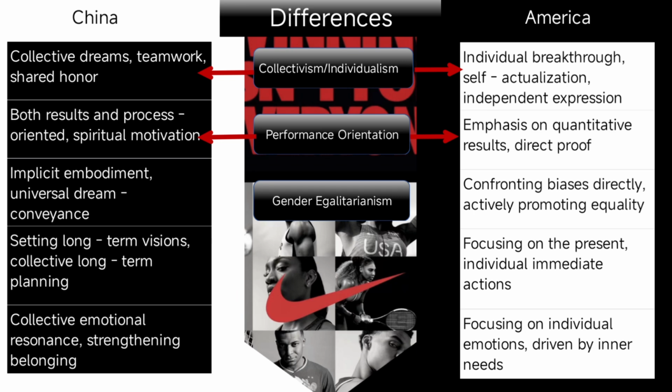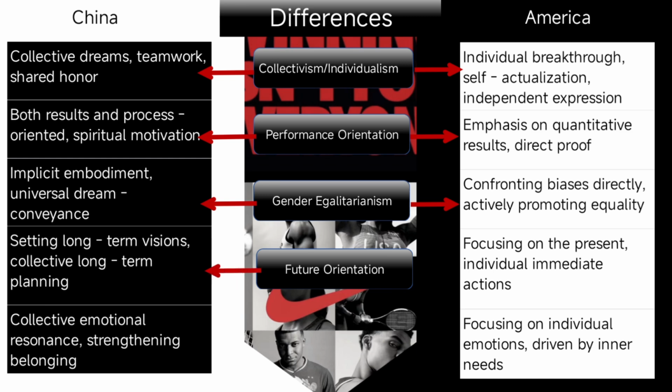In terms of gender egalitarianism, China implicitly promotes gender equality through universal values. America confronts gender biases directly and actively advocates for equality. Number 4 is future orientation. China sets long-term visions and makes collective plans.